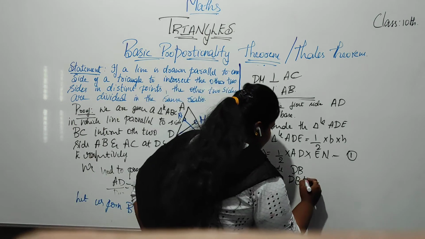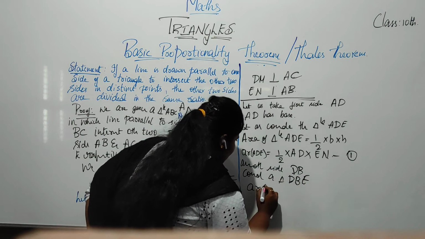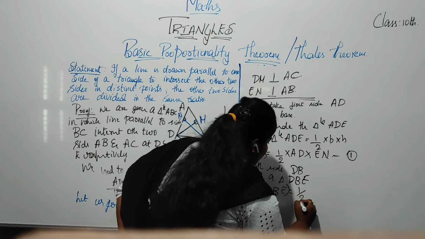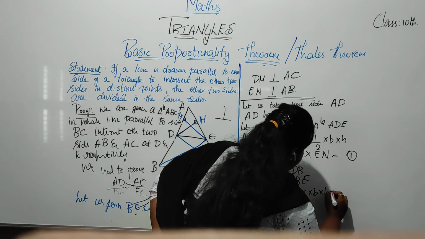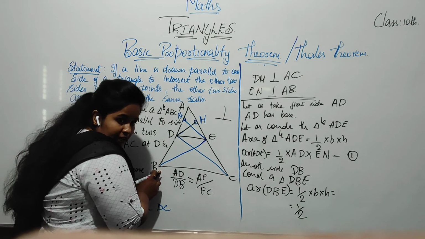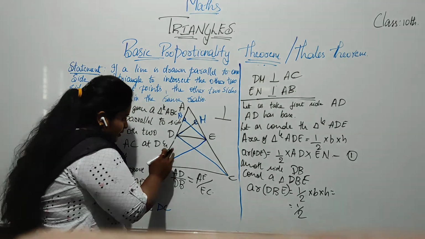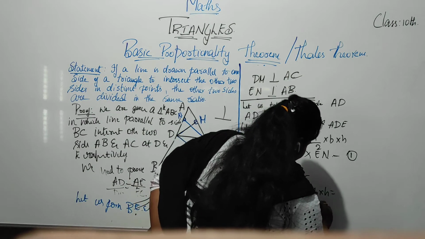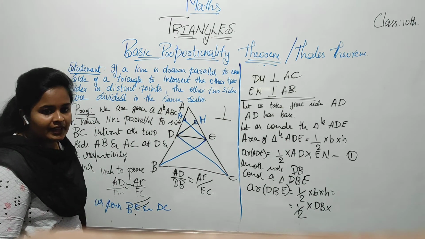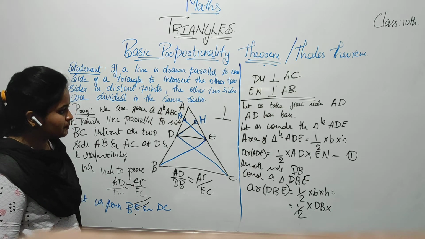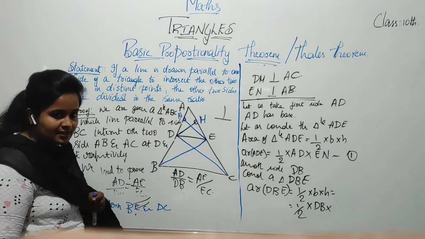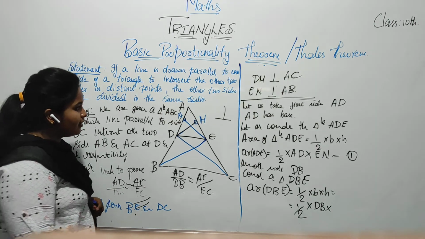We need to find the area of this triangle. So area of triangle DBE equals half into base into height. Here the base is DB, and the height is EN. I gave you an example when we are finding the area of the triangle.